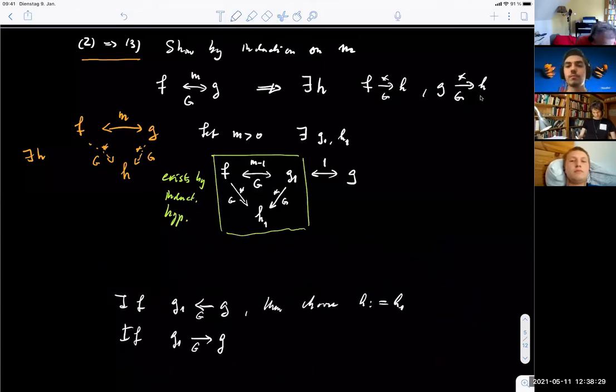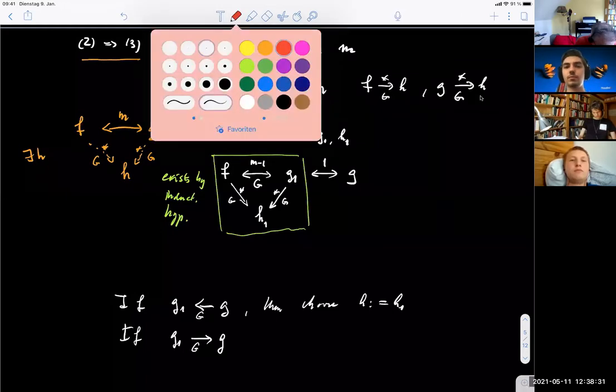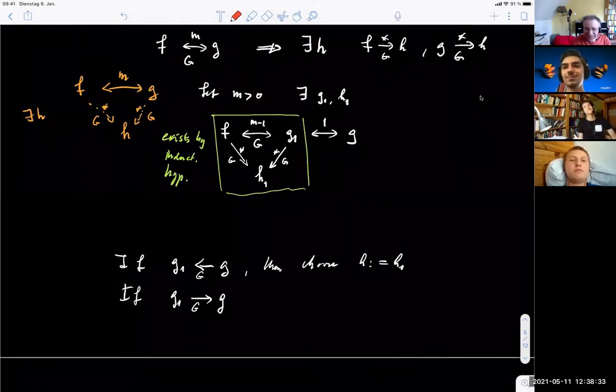Maybe now in red, I like to work with colors. So what do we do now? Well, I reduce H1 to a normal form H prime. This is always possible. I can also reduce G to a normal form, call it G prime. This is possible.